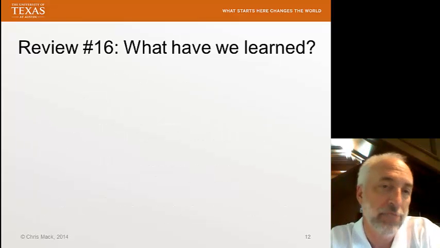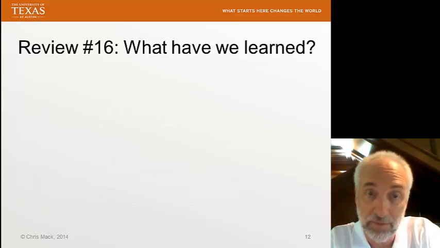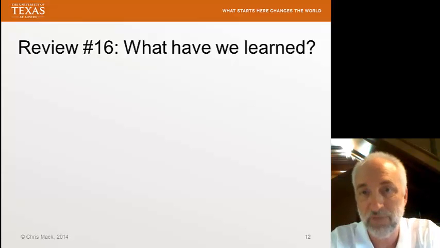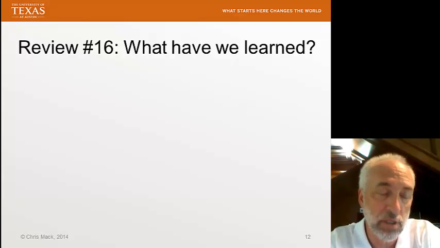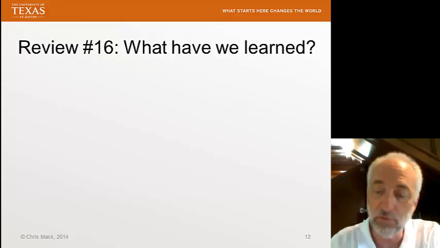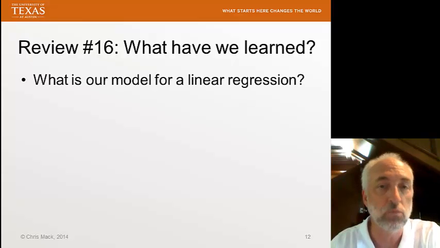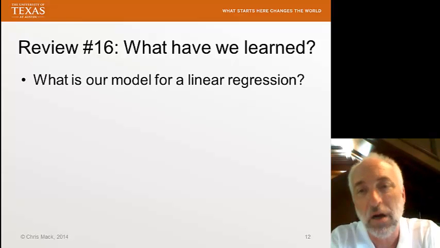All right, let's review our penultimate lecture, number 16. What have we learned? As always, you should be able to quickly and easily answer these questions. If not, you need to go back and review the material again. What is our model for a linear regression?